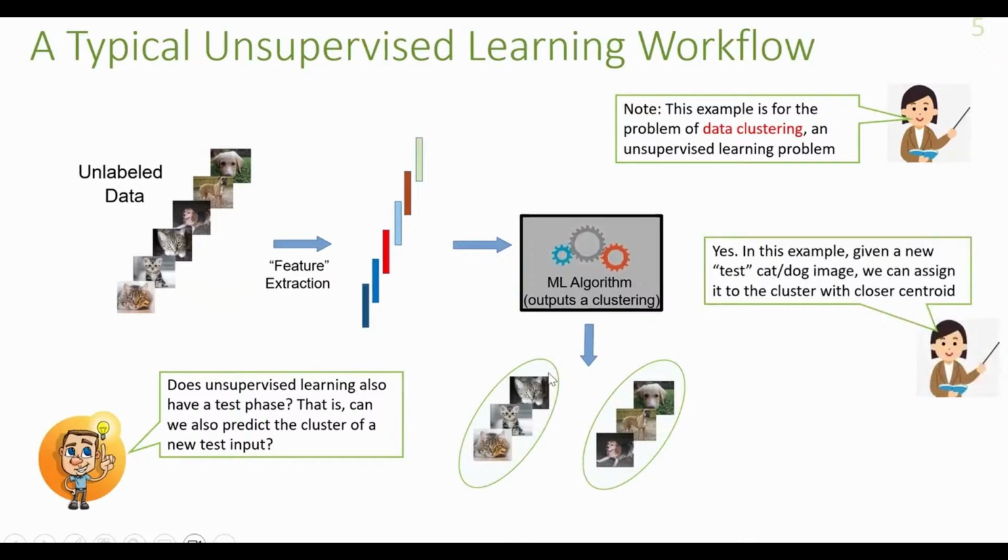Since all cat images share some similar properties, and all dog images share some similar properties, based on these similarities it will group all dog images in one group and all cat images in another group, right? So this is the pipeline we follow in the unsupervised learning workflow where we don't have the label data.